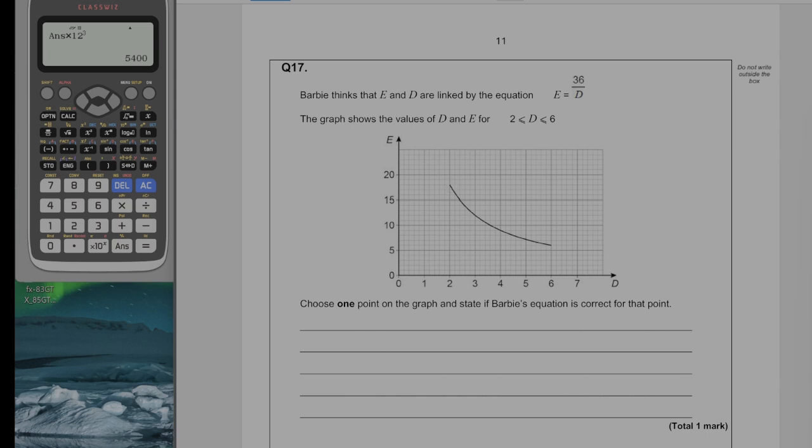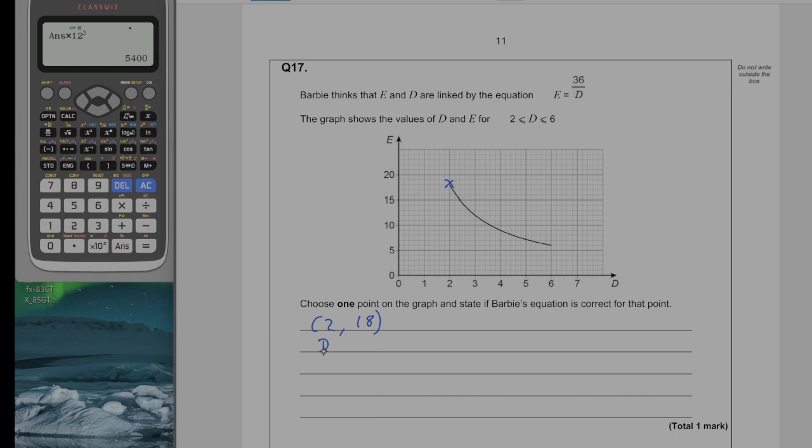Choose one point on the graph. So I'm going to keep it nice and simple. I'm going to use the starting point. That is the coordinate 2, 18. Right, and state if Barbie's equation is true for that point. So let's work out E then.